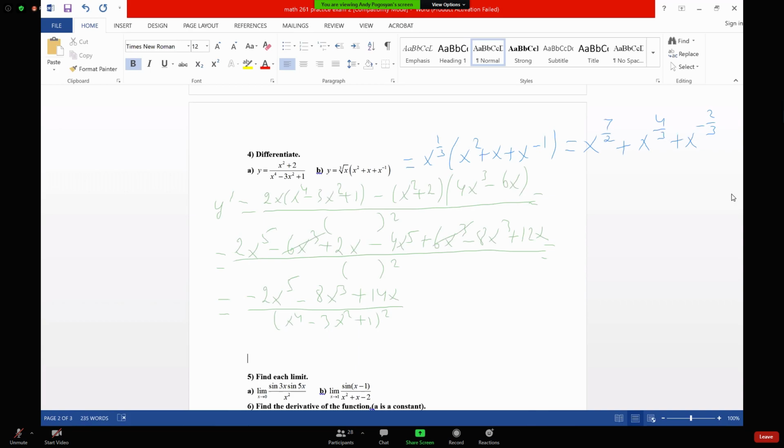So now find the derivative. For B part, you have your y prime equals 7 over 2 x to the 5 over 2 plus 4 thirds x to the 1 third minus 2 thirds x to the negative 5 thirds. And you can leave it like that. It's fine to leave it like that. Okay, any question?